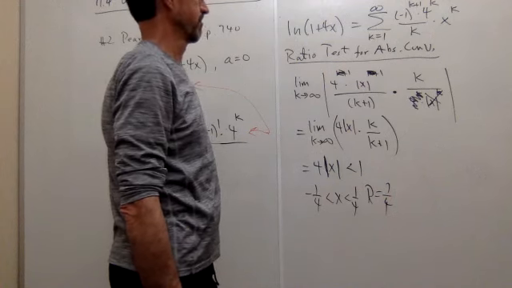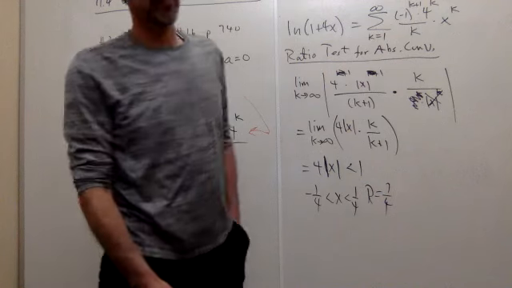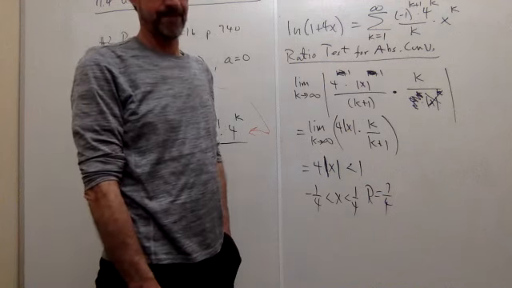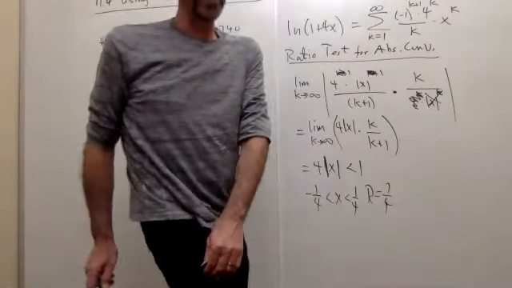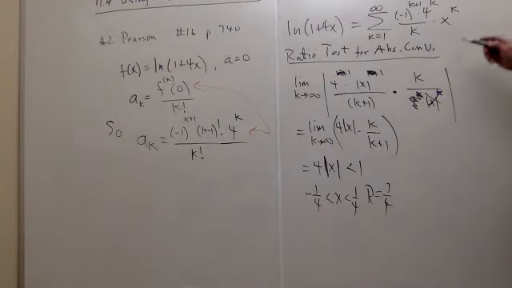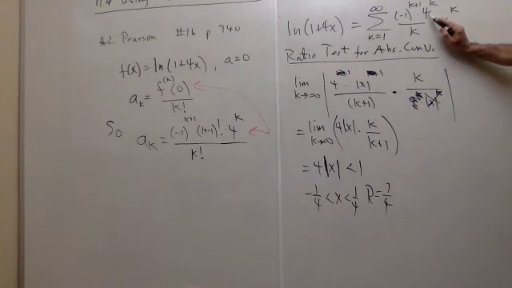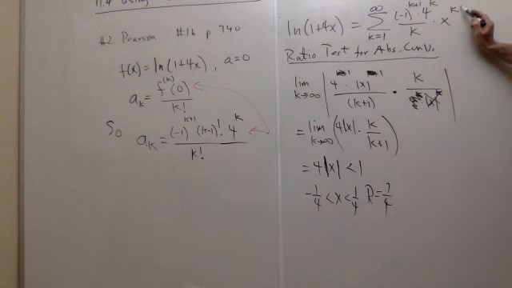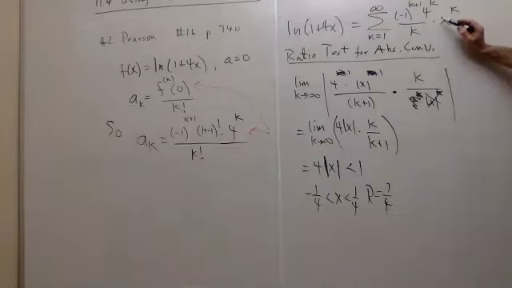Excellent. Does it ask for the, well, I got the instructions right here. Yes, it does ask for the interval of convergence. So notice when I plug in plus 1/4, that (1/4)^k is going to cancel out 4^k. 4 times 1/4 is 1 to the k.